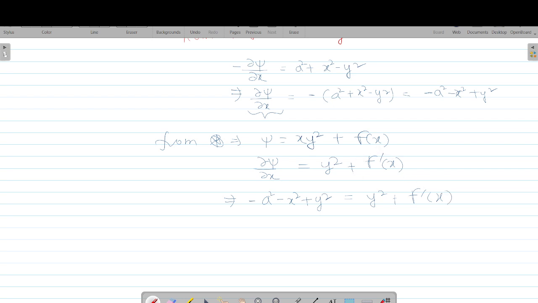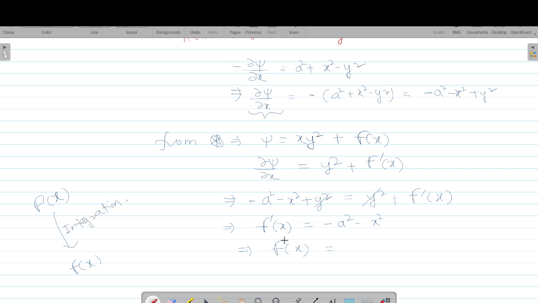From here you are required to find the value of f of x. f prime x is already there, so you need to do an integration here. The y square will cancel from both sides, and we will be left with f prime x. Let me write it like this: f prime x is equal to minus a square minus x square. Now if you do the integration of f prime x, it will give you f of x.